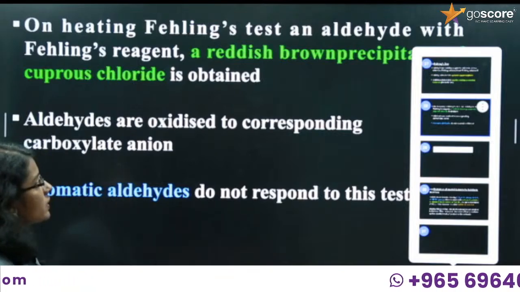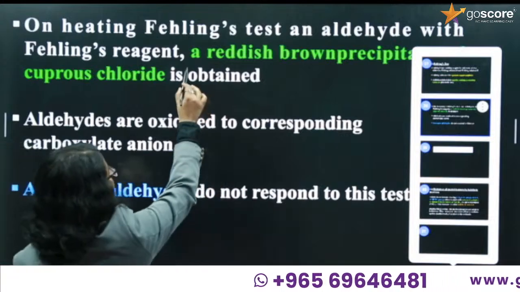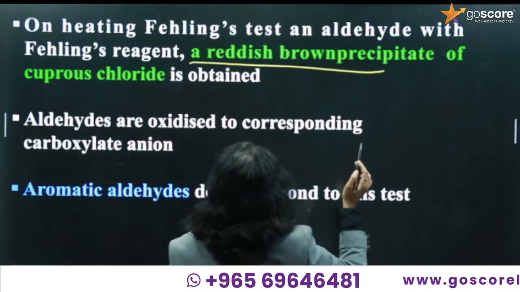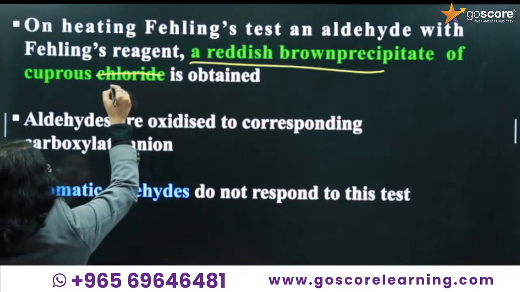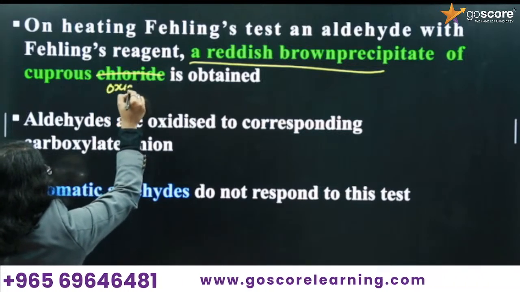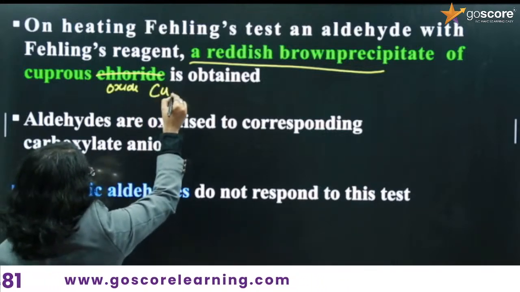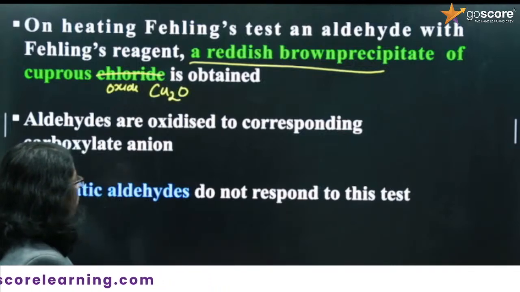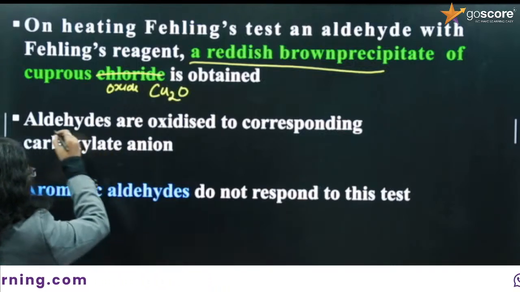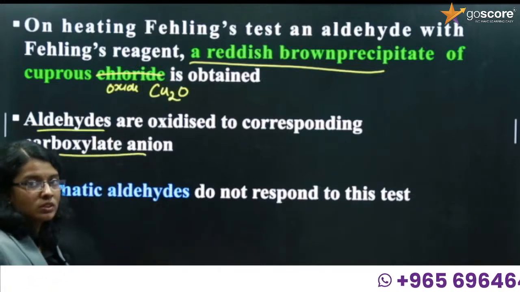On heating with an aldehyde, Fehling's reagent gives a reddish brown precipitate of cuprous oxide, Cu2O. Here also the aldehyde is oxidized to the corresponding anion.